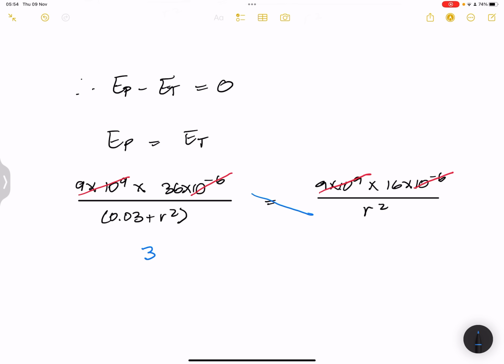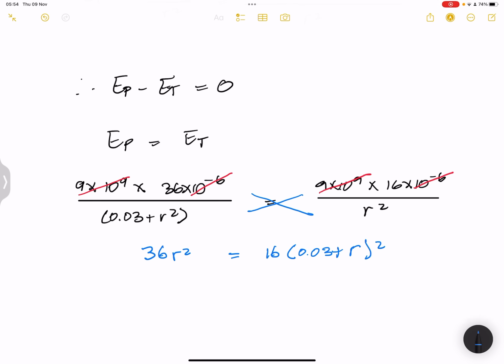Now if I cross multiply, 36R squared will be equal to 16 times 0.03 plus R all squared.